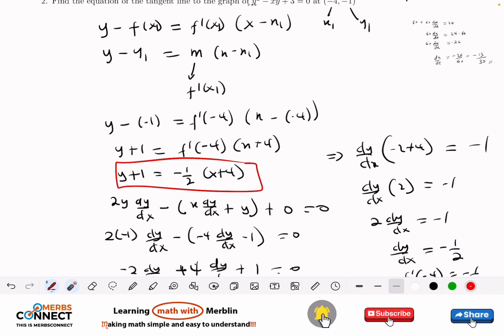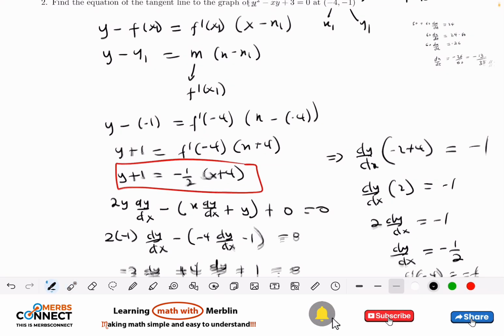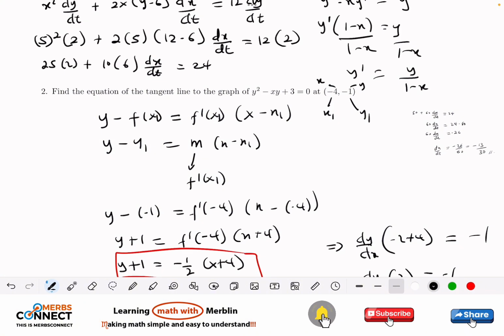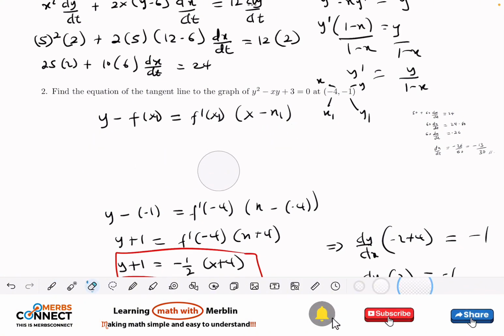Good. Now the only thing that I'm changing here is I'm going to rewrite this, like if I'm writing this function here. Now my slope here does not depend on only x1. It depends on x1 and y1.